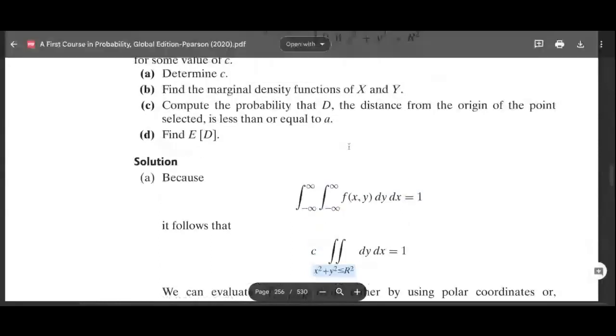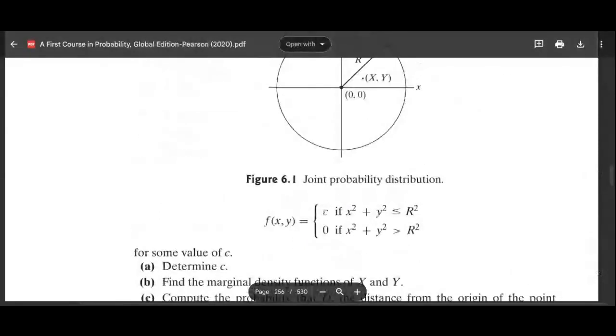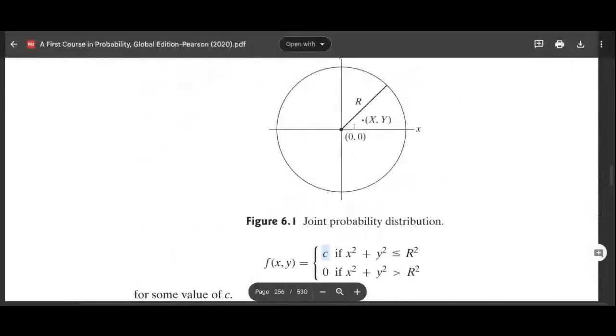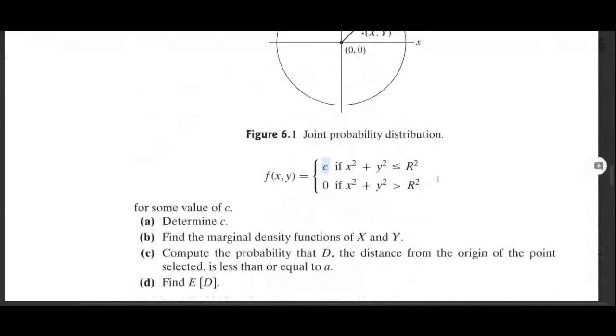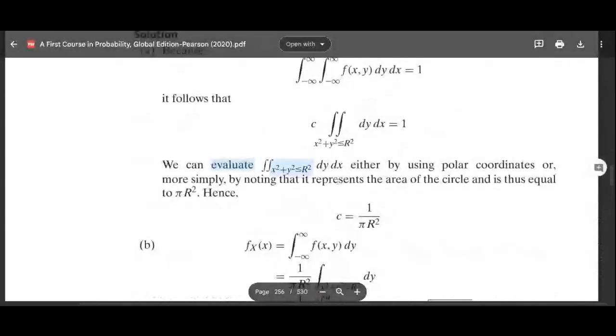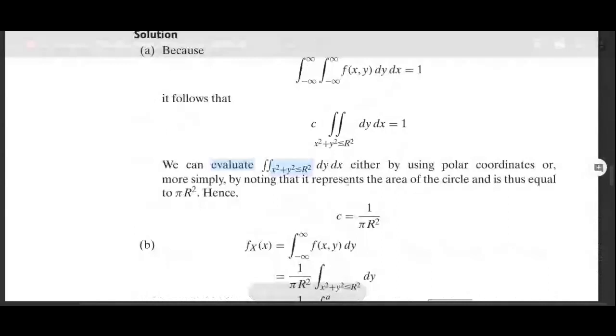It means c times this area has to be 1. We can evaluate this either by using polar coordinates or more simply by noting that it just represents the area of this circle, and it's hence pi r squared. So c equals 1 over pi r squared. Does anyone have any question about this?